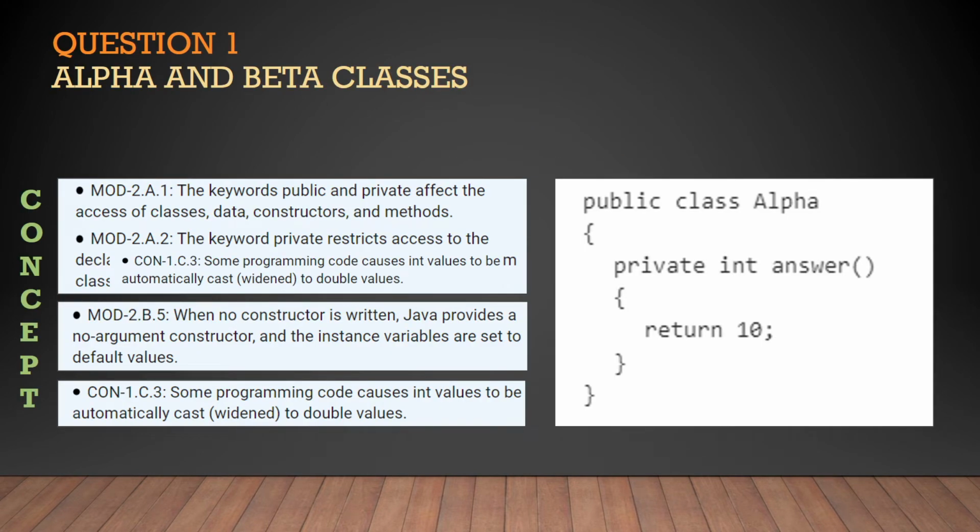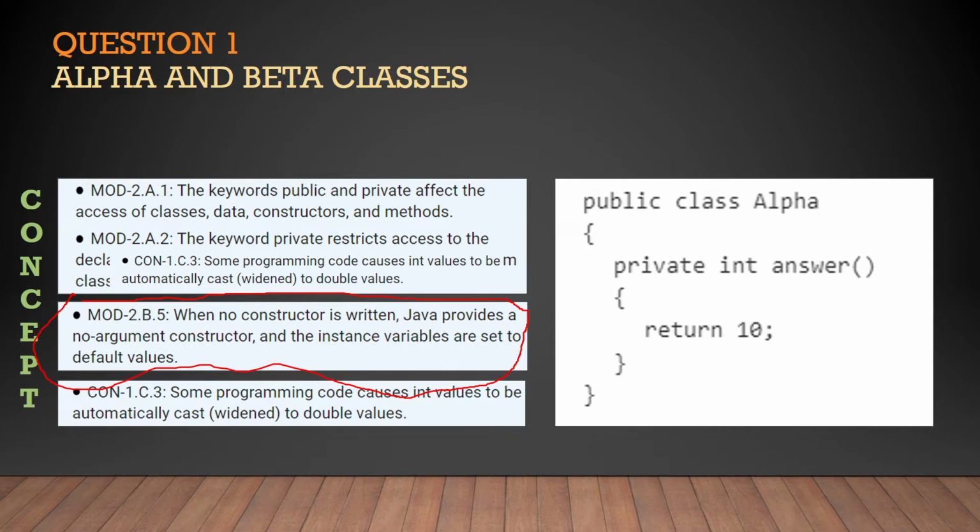Question one was testing to see if you knew about constructors and what happens when there's no constructor in the class. In this one, there was no constructor, but if you look at this point here, mod 2.b.5, when there's no constructor written, Java will provide one, right?